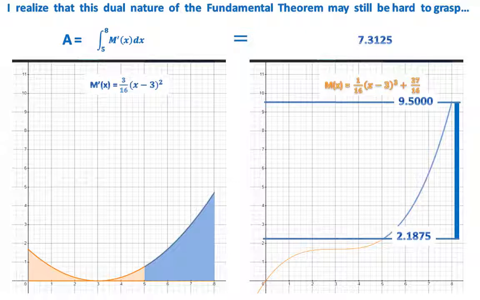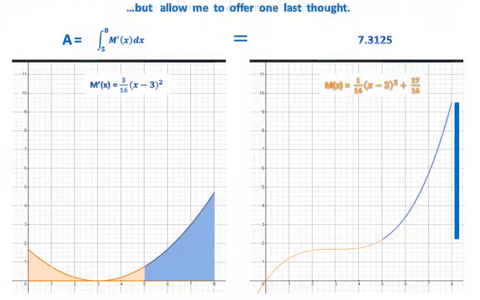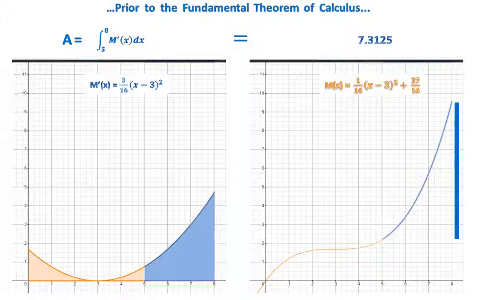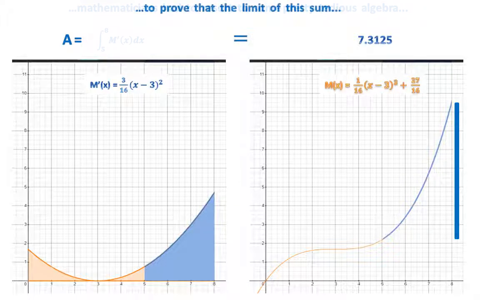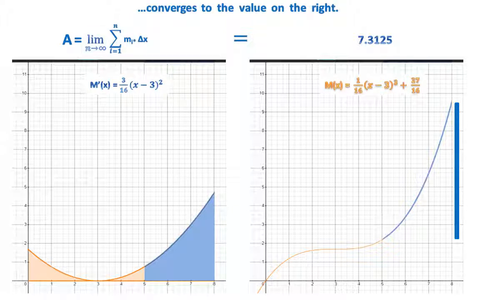I realize that this dual nature of the fundamental theorem may still be hard to grasp, but allow me to offer one last thought. Prior to the fundamental theorem of calculus, mathematicians had to resort to some pretty tedious algebra to prove that the limit of this sum converges to the value on the right.